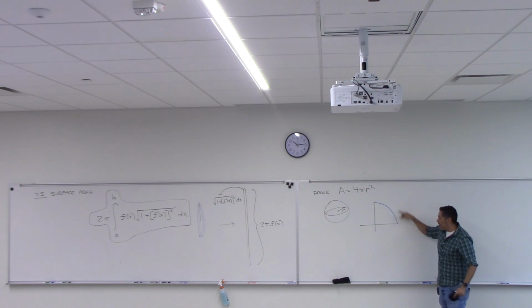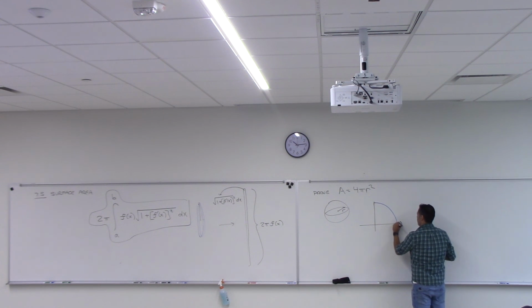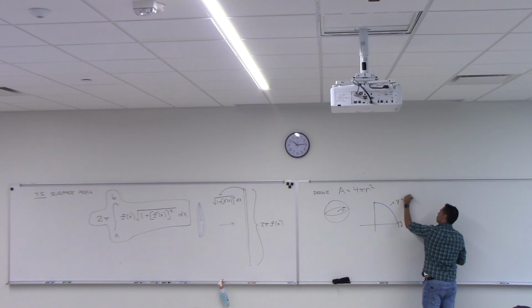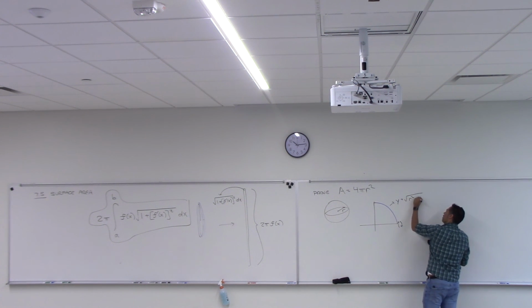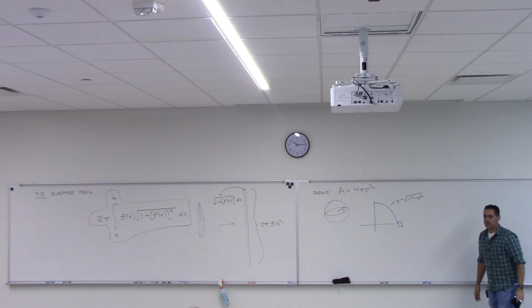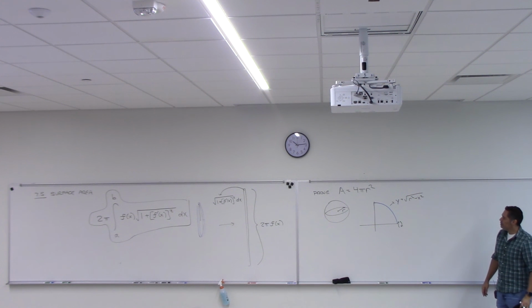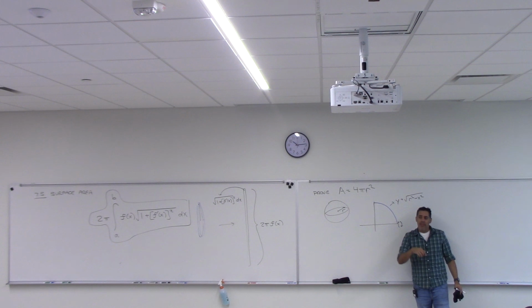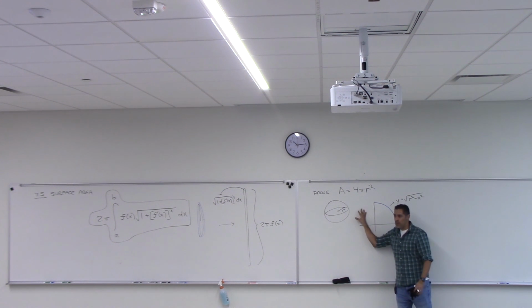So if I wrap this around the x-axis, let's see what happens. I know I'm moving fast, but this is the equation y equals the square root of r squared minus x squared. If I wrap this around the x-axis and find that surface area, then all I have to do is double it, and it would give you the other side. Following?